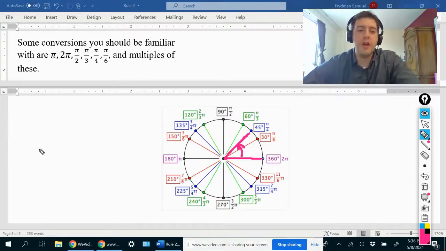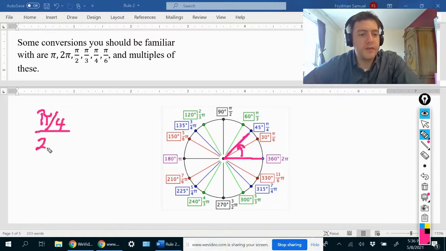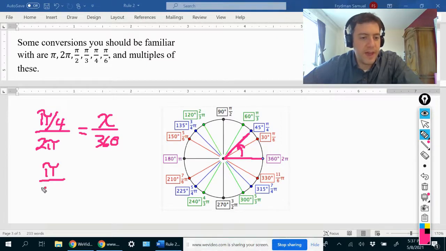You know what? I'll give you one more example real quick of converting this when it's a fraction. How do I put it into a proportion and figure out the degrees? Well, I can do 4 times 2 pi is 8 pi. So I can rewrite this whole thing as pi over 8 pi equals x over 360.